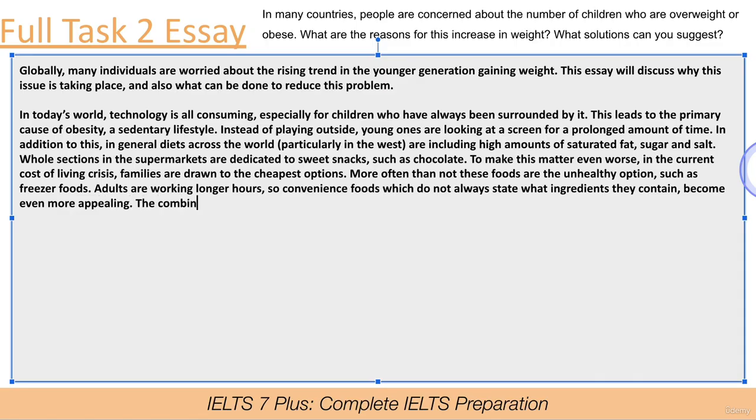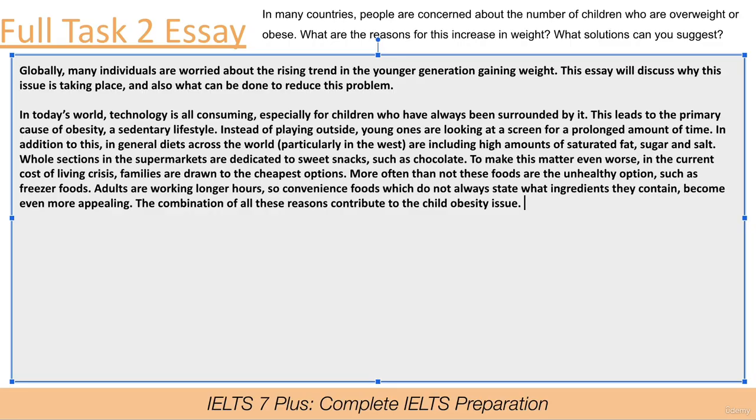The combination of all these reasons, we can say, is contributing to the rise in obesity. All of these reasons contribute to, so we're linking it back to the question, the obesity, or the child obesity issue.